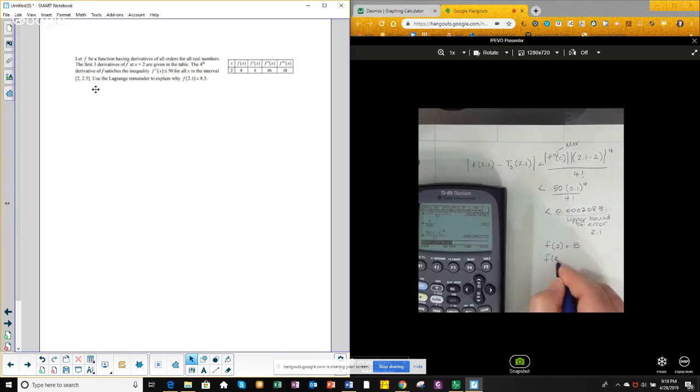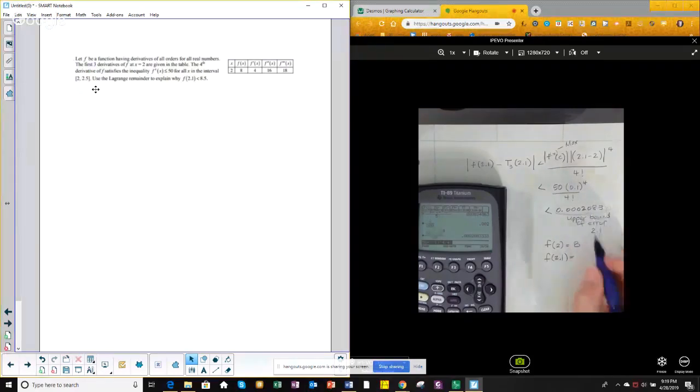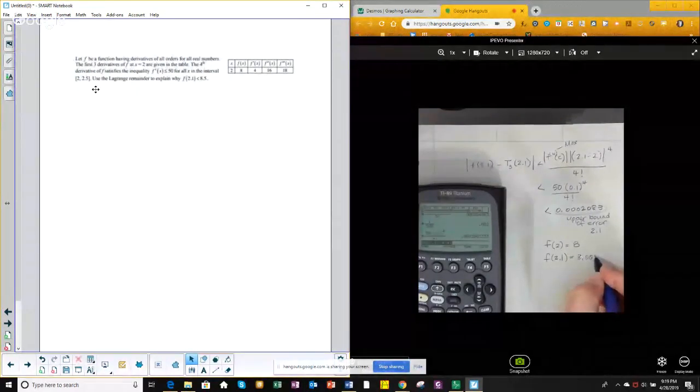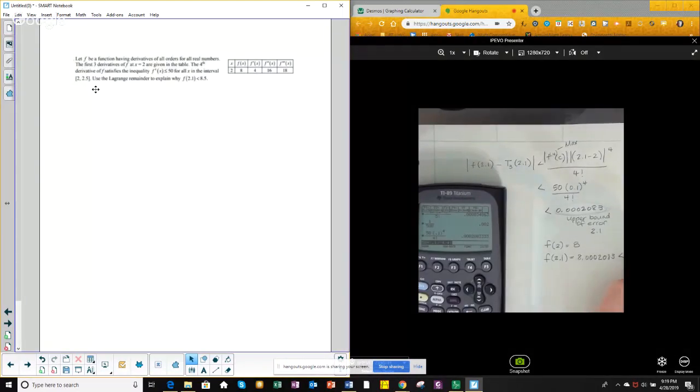So f of 2.1 is going to be at least close to 8 by this much. So this is going to be 8.000283 at the worst, which is less than 8.5, which I think is pretty amazing.